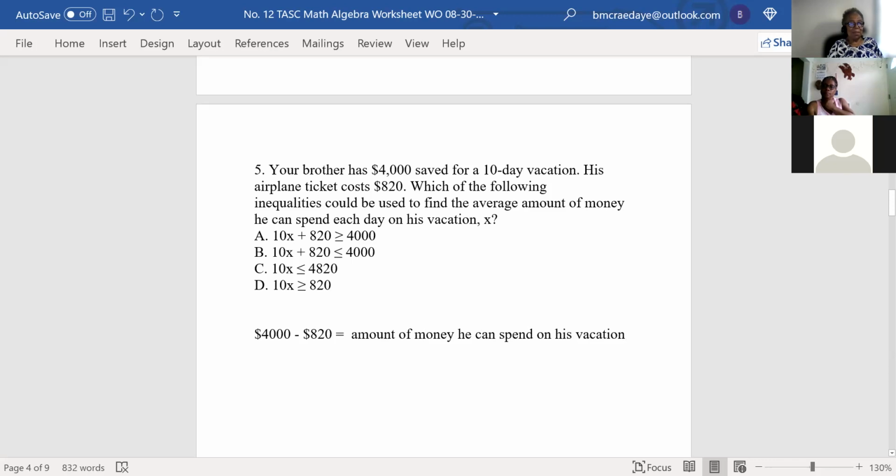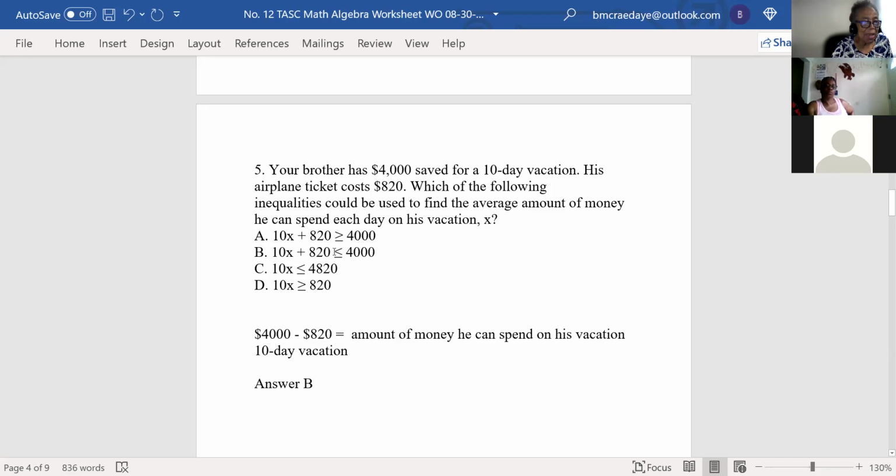Now the vacation is how many days? 10 days. All right, it's a 10-day vacation. So the amount he can spend is spread over 10 days, right? So which one of those expressions gives you 4,000 minus 820 divided by 10? B. B, that's right. Answer B, because you subtract the 820 from the 4,000, and then with 10x, you divide by the 10.